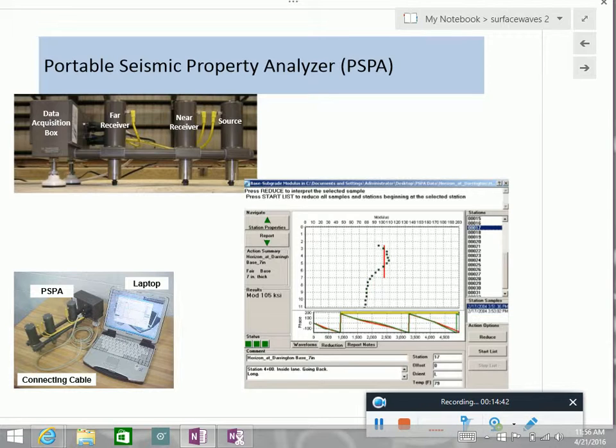You have a hammer, though when I say hammer, it is not necessarily a hammer. This is the source here. Then there are two receivers, and in these feet there was also a moisture and temperature measurement system. Then what you would do is create the dispersion curve. I'll show you how in a second. But you may remember that at some point I asked you to do a homework where we were using the phase, and you used the phase to calculate velocity.